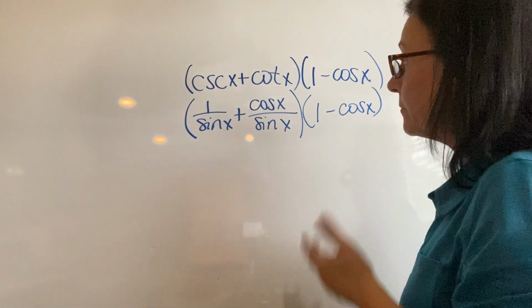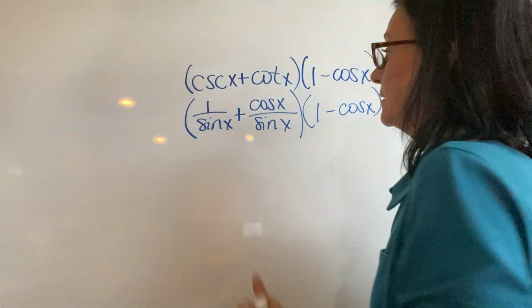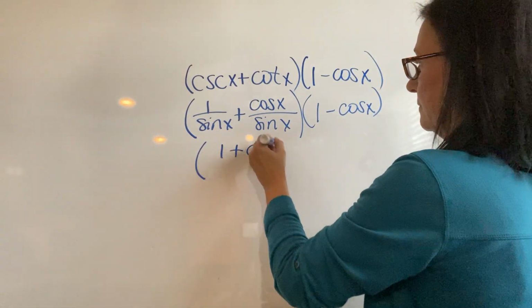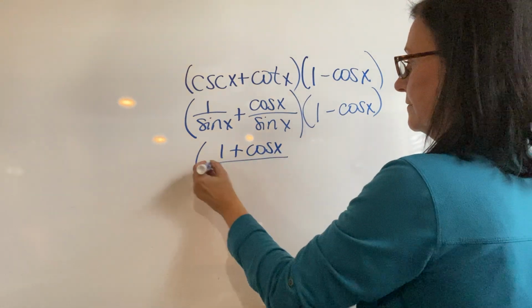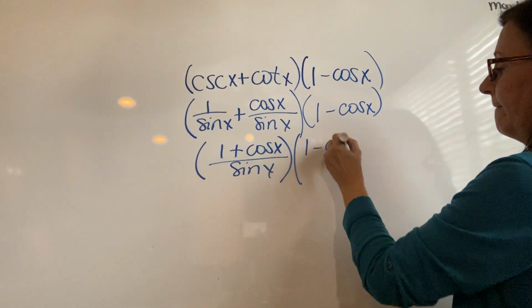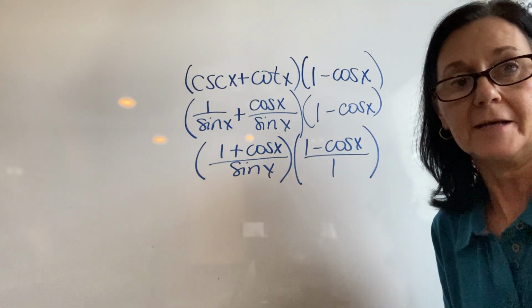So this time I'm going to move the sine up and write it over one common denominator. Because it's a conjugate to that. Did you see that? It's a conjugate. That's really over 1.